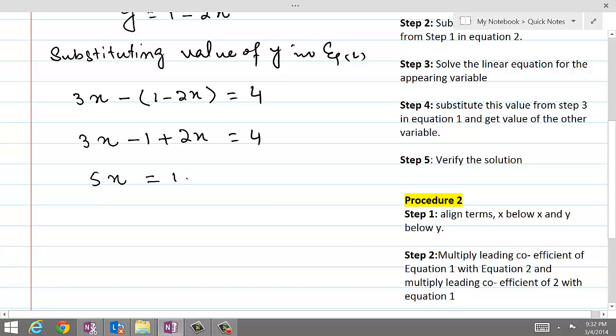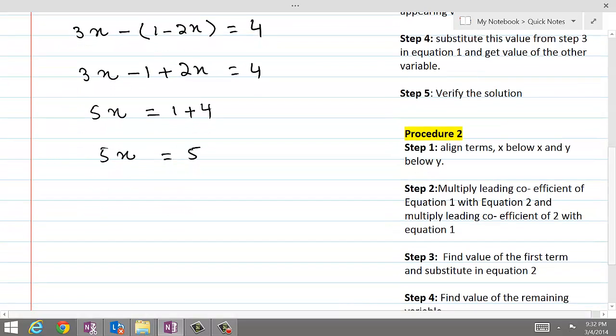So this will become 1 plus 4. Here we get 5x equal to 5, and now we want to isolate x, so 5 is multiplying on this side. If we divide by 5 on both sides, we get x equal to 1.